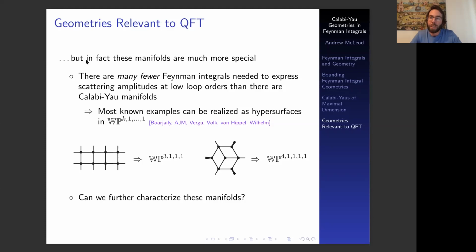But part of the problem is we haven't been very good at characterizing the manifolds further. So we can't say much more about the manifolds that are singular. Although in the train track examples, we might be hearing more in the next slide that's a little more specific. Not all Calabi-Yaus can be embedded in weighted projective space. This is a very special class.